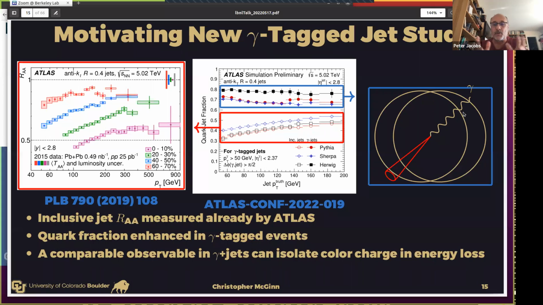Could I phrase this as a quark-initiated or gluon-initiated jet, whatever its fate may be? Is that the right way to think about it? I think that's correct. Yeah, you should think of it as initiated. There's the annoying caveat that as soon as it starts radiating in the medium, they become each other; it just starts radiating gluons.